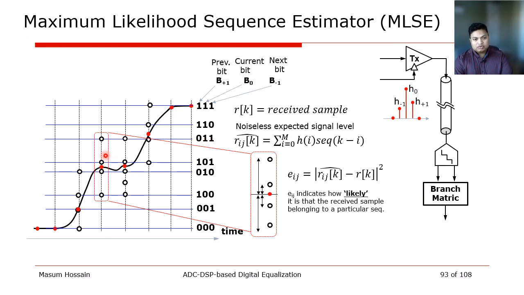But not always will these constellation points and the received samples be so close to each other. For example, here when this red dot is sitting in the middle of these two dots, it is difficult to say which sequence this red dot belongs to. We can eliminate the further ones, but these two closest ones are hard to eliminate.